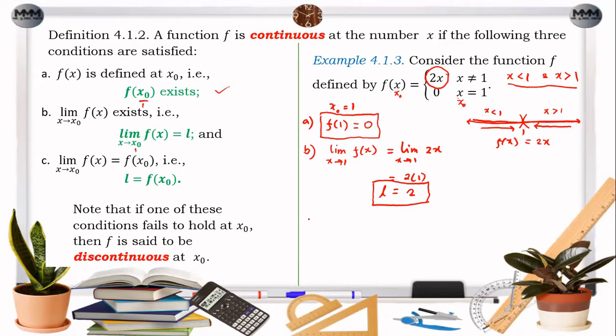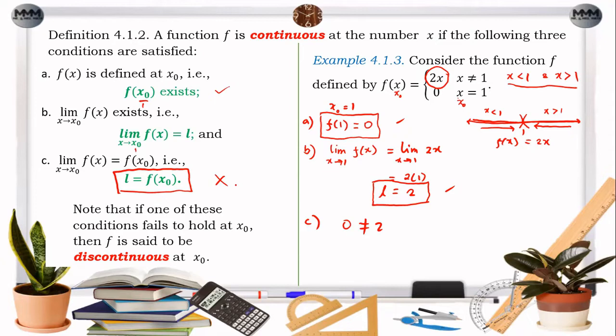Now, let's proceed to our third condition. Our third condition states that L is equal to f of x sub 0. It means the result in the first condition is equal to our result in the second condition. Notice here in our first condition we have 0, and it's not equal to 2. Hence, our third condition based on our example is not satisfied.